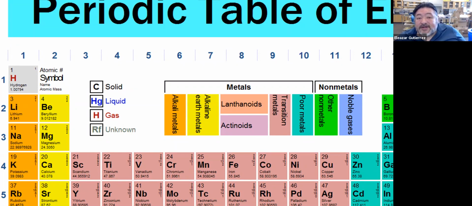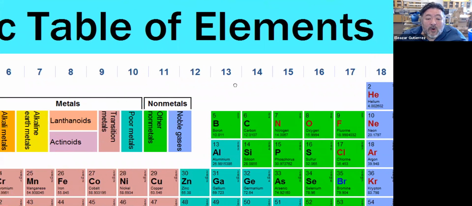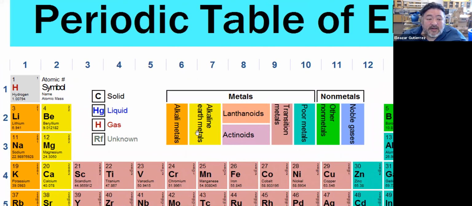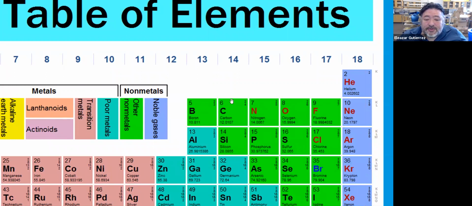Well, lithium can do one of 2 things. It can either lose an electron and be like helium, or, and this is hard, add 1, 2, 3, 4, 5, 6, 7 additional electrons to be like neon.